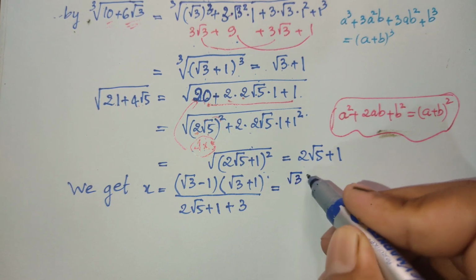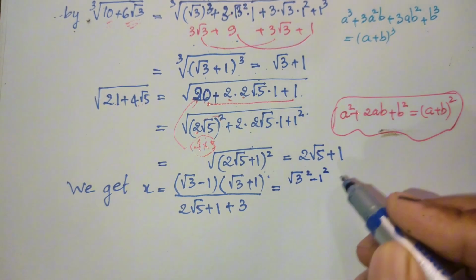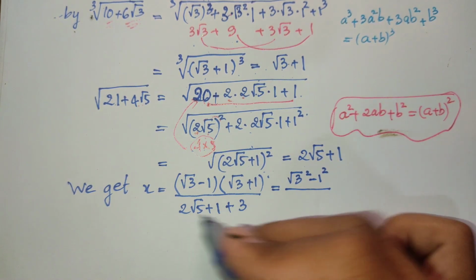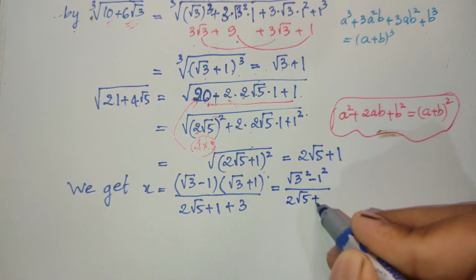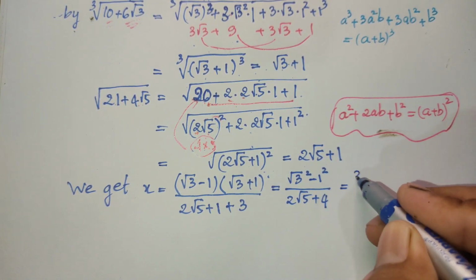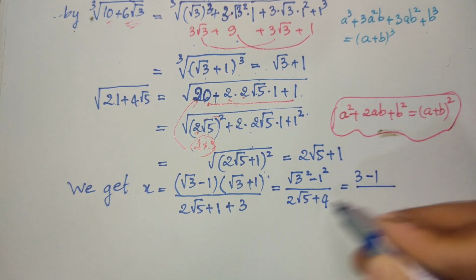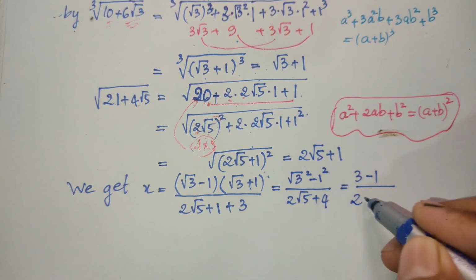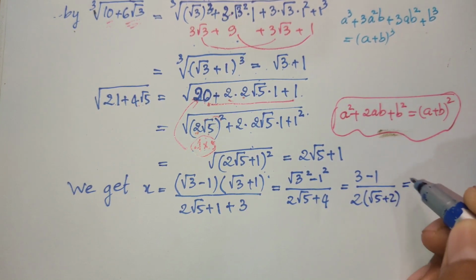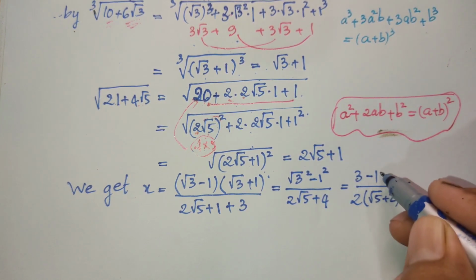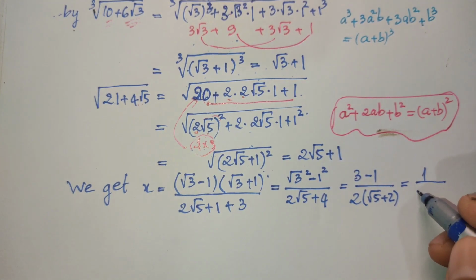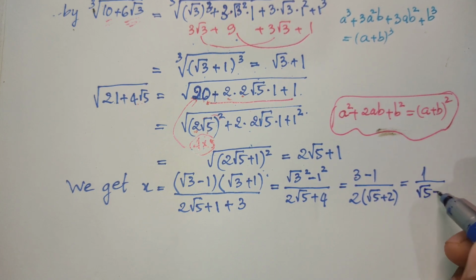We get square root of 3 squared minus 1 squared, divided by (2 square root 5 plus 4)... and this equals 3 minus 1 divided by, taking 2 out as a factor, (square root 5 plus 2). These 3 minus 1 we get 2, and we simplify the 2's and get 1 over (square root 5 plus 2).